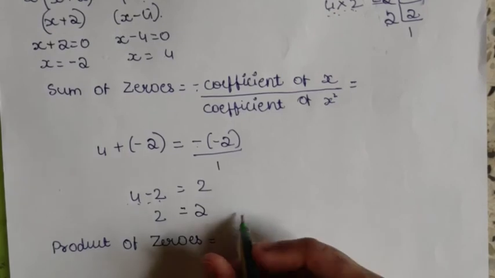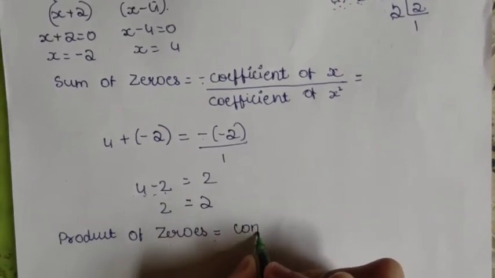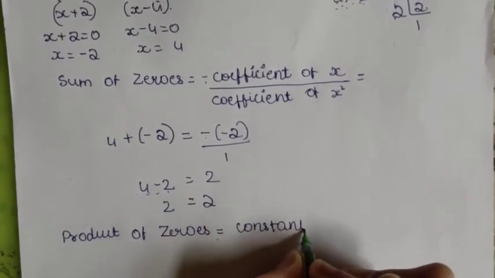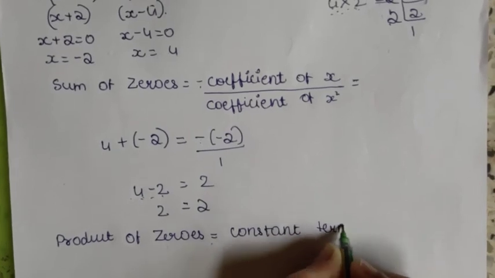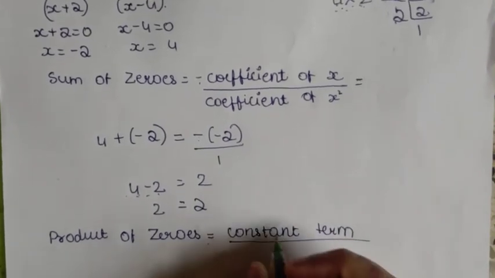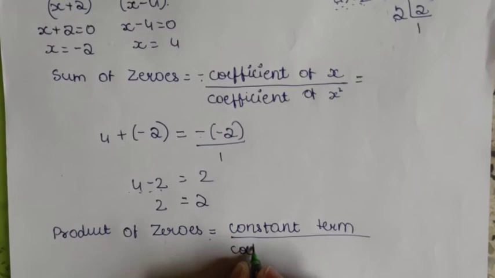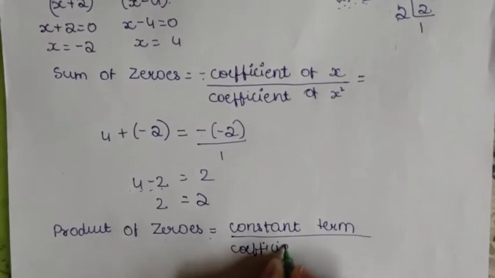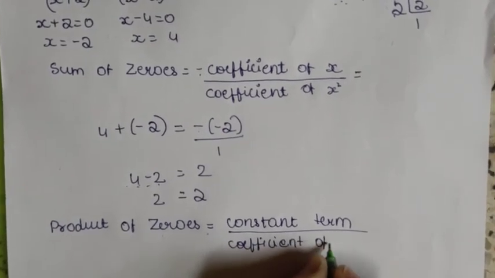So the product of zeros is constant term by coefficient of x square.